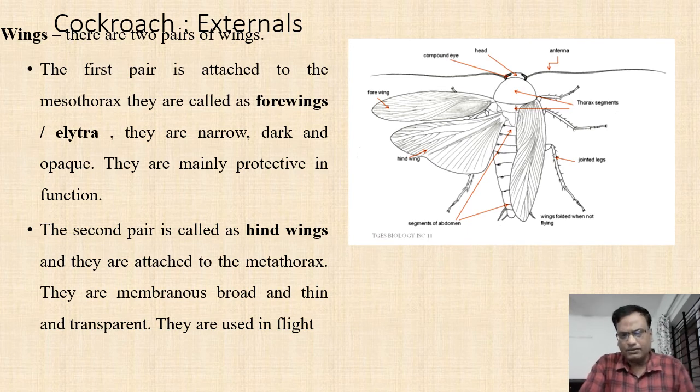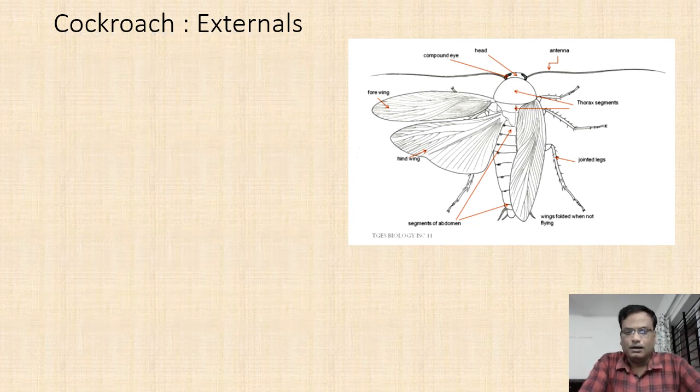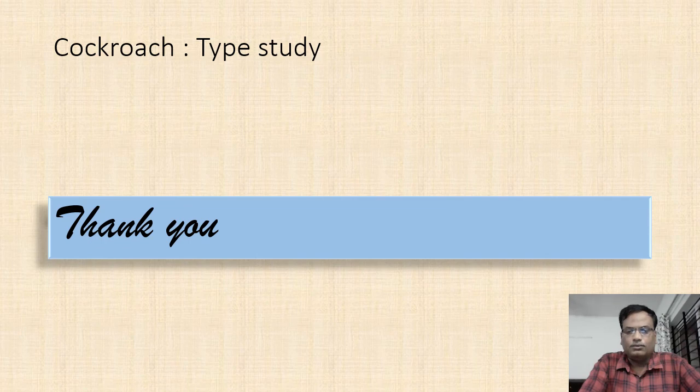They are membranous, and comparatively they are broader than the forewing. And even though it rarely flies, whenever it flies, these hind wings are used for flying. So that's about the external part of the cockroach.